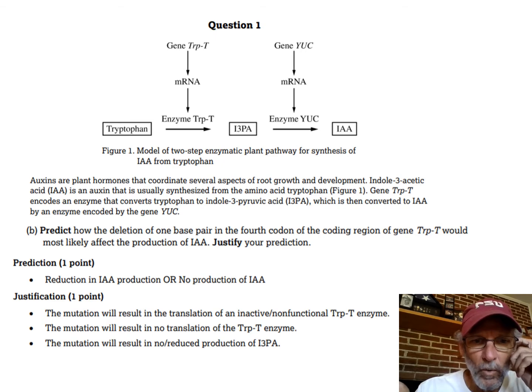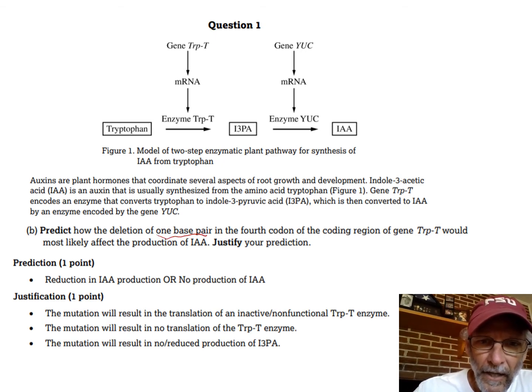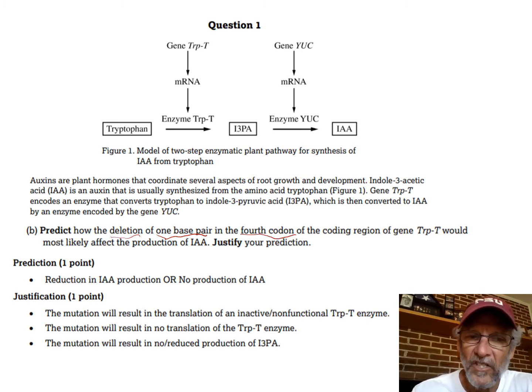Okay, so they told you that a base pair in the fourth codon has been deleted. Here's what they expect you to know. A deletion of one base pair is going to cause a frame shift. From that point on, every codon is potentially different, and therefore every amino acid.